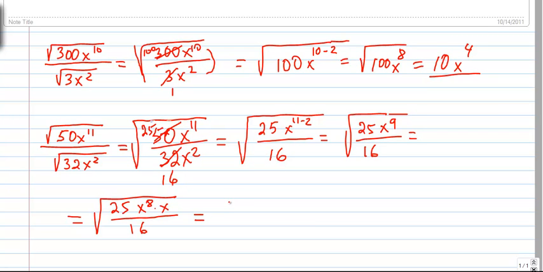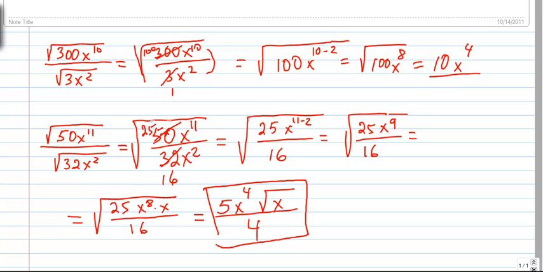Be very careful what you're taking out and what still stays under the radical sign. So 5 comes out, x to the 4th comes out, since 8 divided by 2 is 4. X is still under the radical sign, and 16 comes out as 4. So this is our final answer.